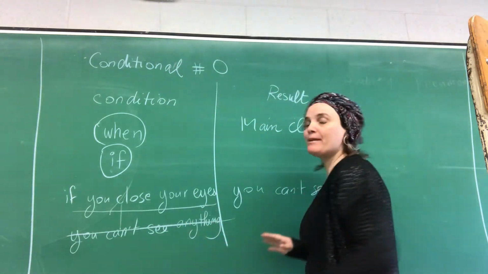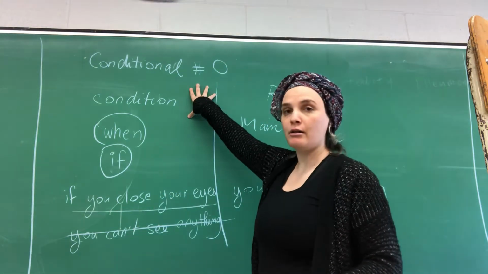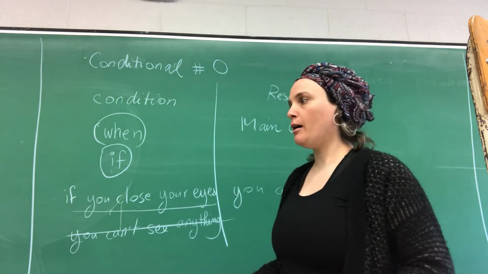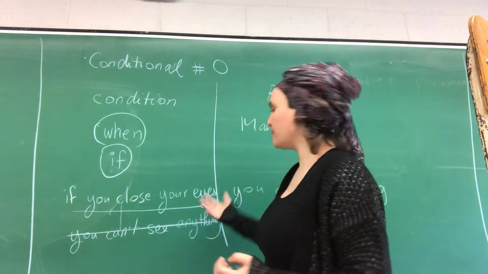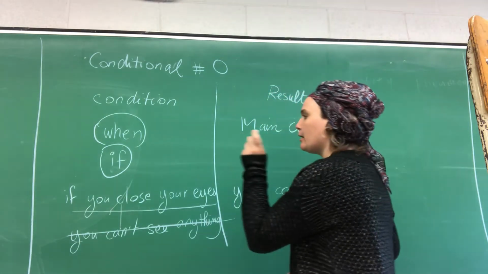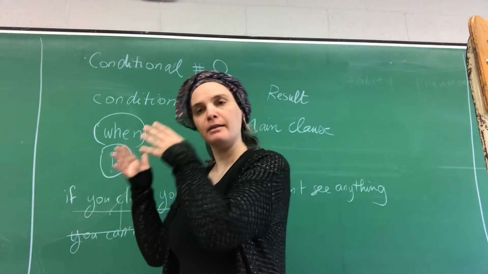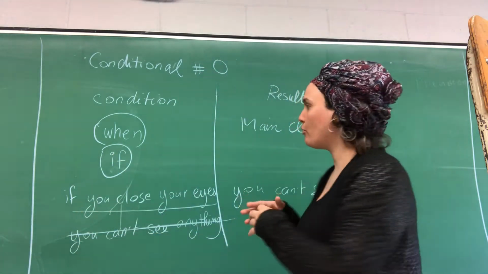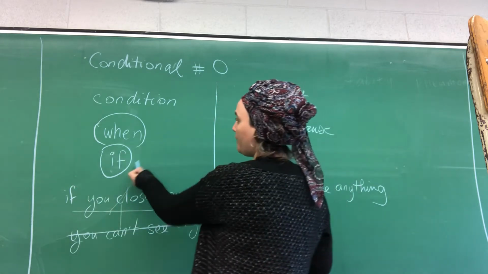So both of them are happening in the present. So basically, the zero conditional can actually happen only when you use simple present or the imperatives, because you're giving orders, right? So if you heat ice, it melts, right? So if you heat ice would be the if clause.